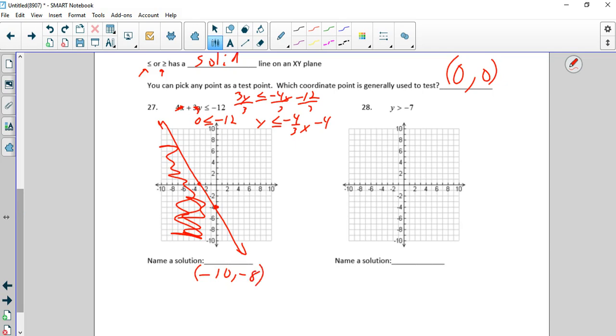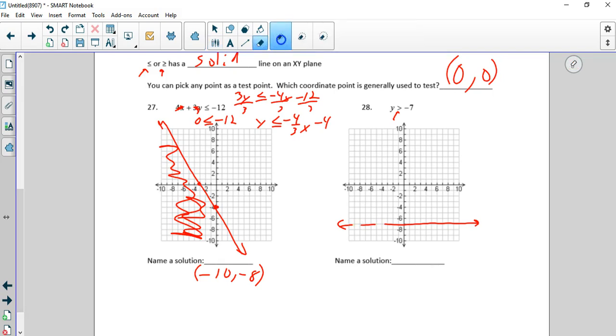28. Y is greater than or equal to -7. That is going to be a horizontal line because all of our y's stay the same. What's my error here? My error is it's not solid. This is why it's best to use pencil so we don't make that mistake.